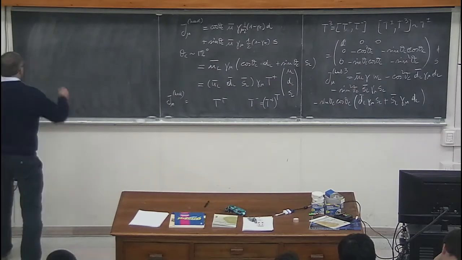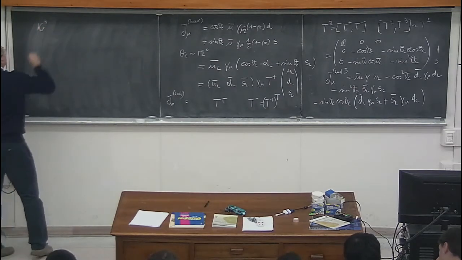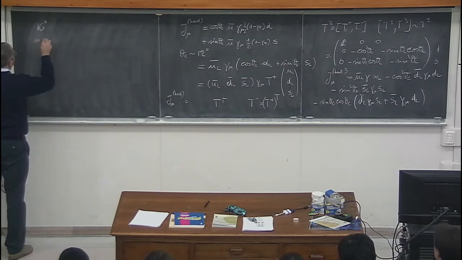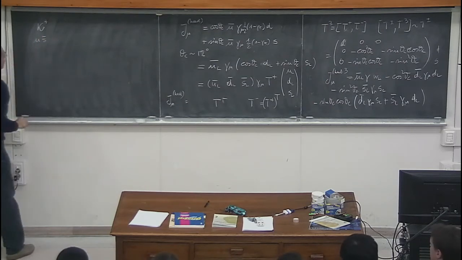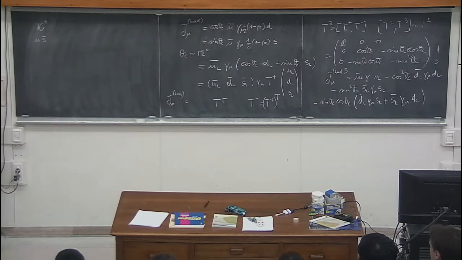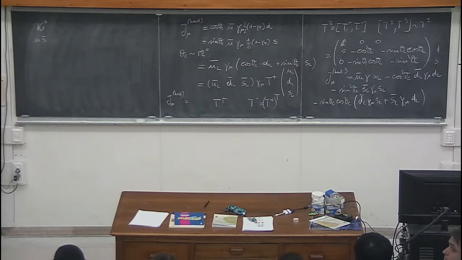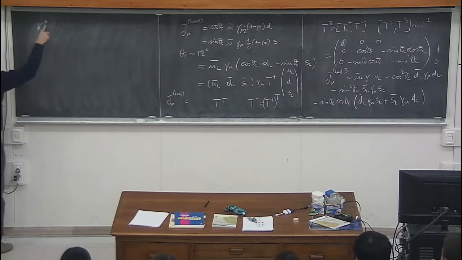If you consider, for example, the meson K plus, which has a quark model composition u s bar, the K plus meson is formed out of an up quark and a strange anti-quark, which means that it has charge +1 and strangeness +1.